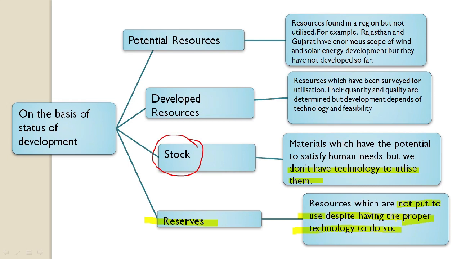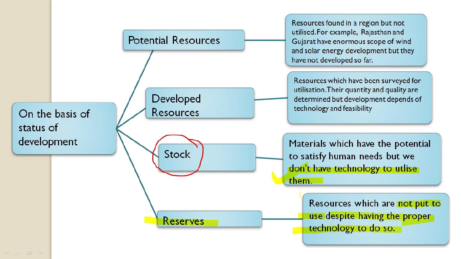And let me repeat this question. You have to find out the difference between stock and reserves, and for that you must first of all find out the similarity. If it is a resource, obviously they have the potential to satisfy human needs, but the point of difference between stock and reserve is that as far as stock resources are concerned, we don't have the technology to utilize them.